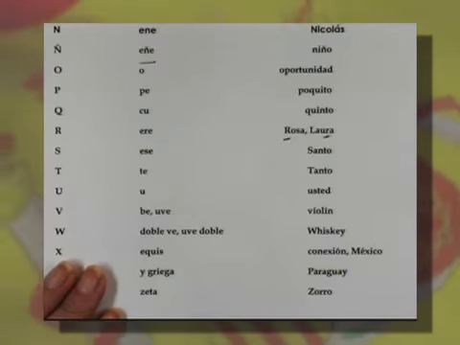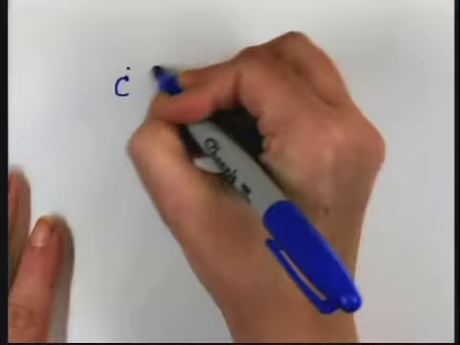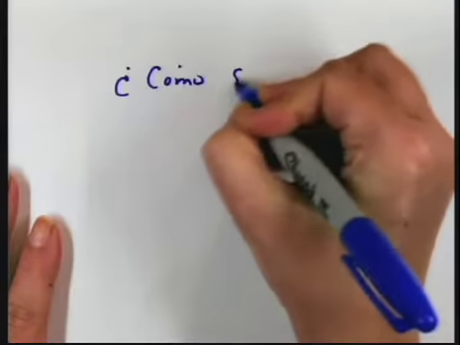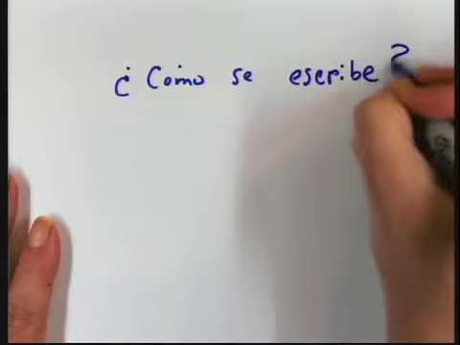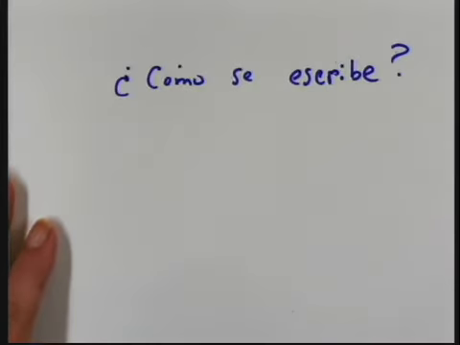Okay, once you know how to pronounce the letters, spelling is not too difficult. ¿Cómo se escribe? We learned cómo se dice. Do you remember what that means? That means how do you say. Cómo se escribe is how do you spell.